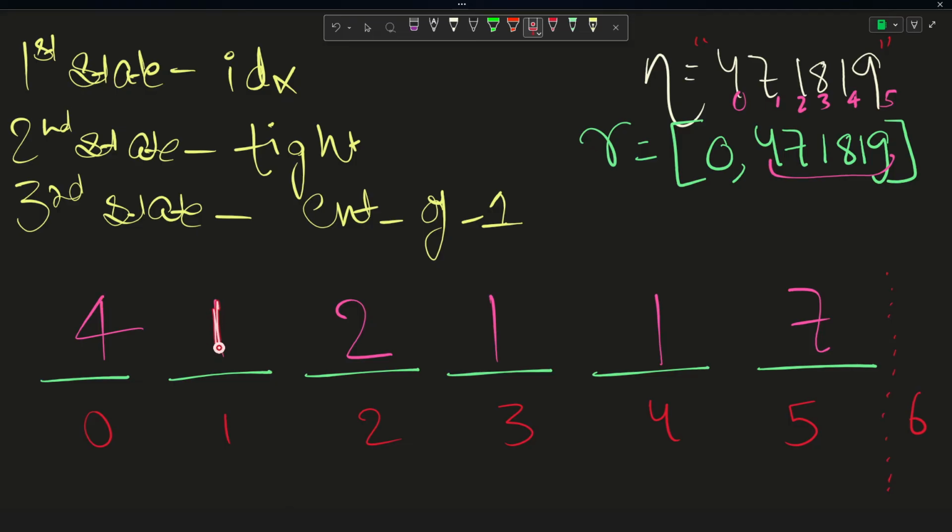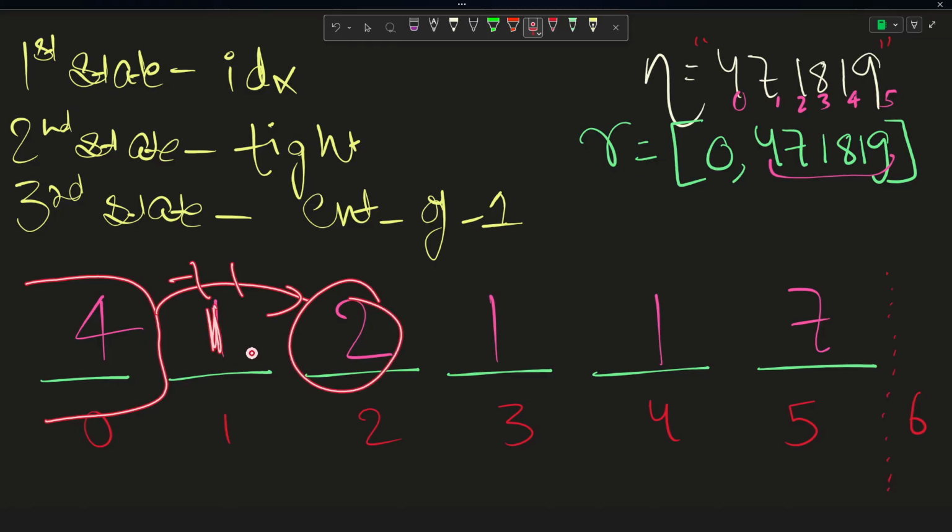But here I chose 1, so whatever count value was already present till this part, +1 will go to this block now, because I chose 1 here, right?